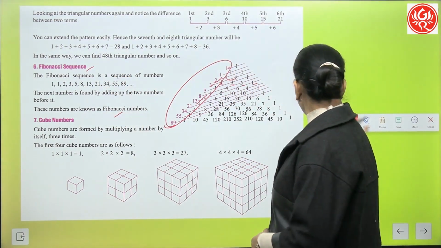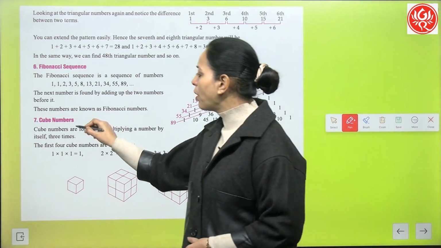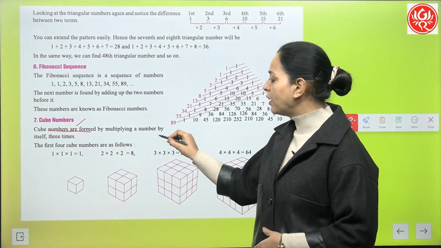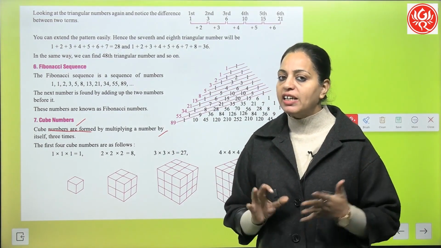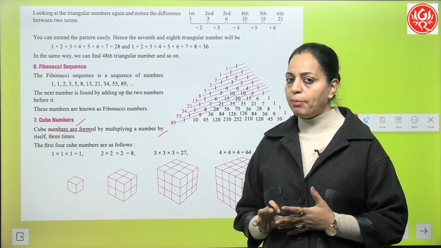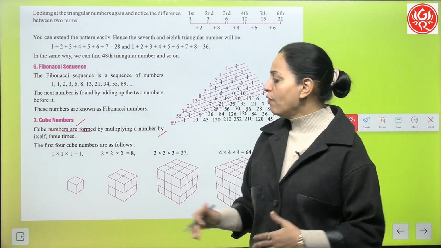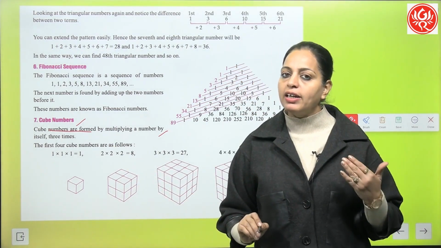Okay, now the 7th one is cube numbers. Cube numbers are formed by multiplying a number by itself 3 times. If we multiply the same number by itself 3 times, then we will get the cube of that number.